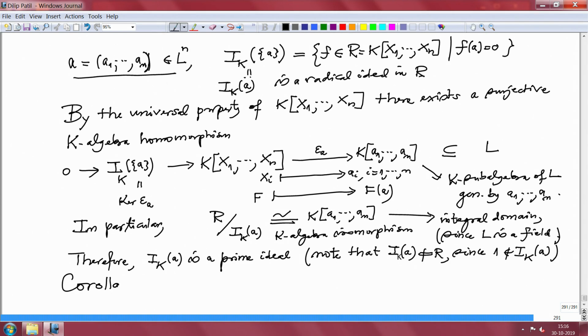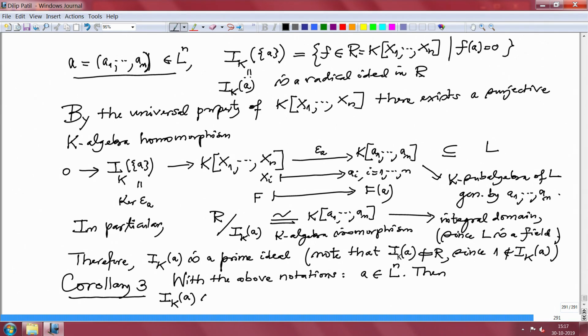So, corollary 3. With the above notations, if a belongs to L^n, then I_K(a) is a maximal ideal in R if and only if a is algebraic over K. Now I will have to define this term.